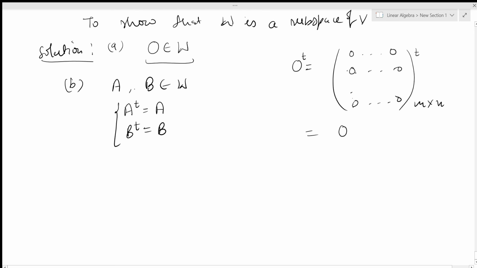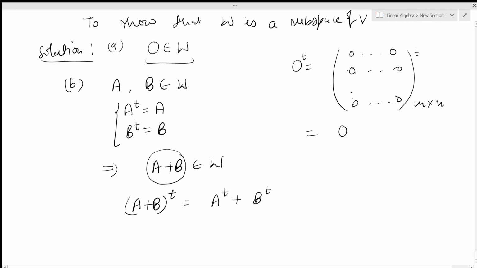So if A and B belong to W, then what do we have to prove? We have to prove vector addition, that is, A plus B also belongs to W. For proving this, we have to show that A plus B is also a symmetric matrix. If we take the transpose of A plus B, we can write this by the property of transpose.